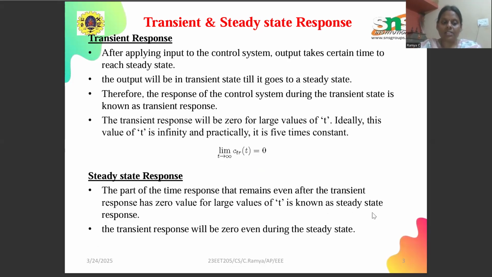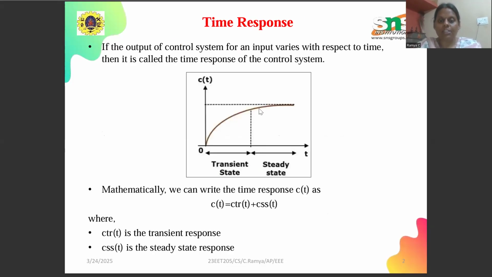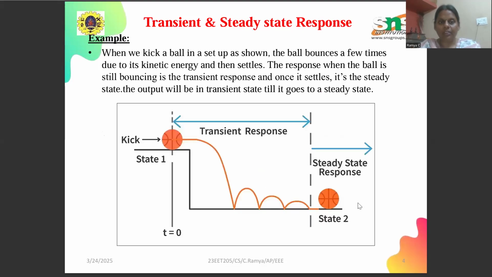The transient response will be 0 even during the steady state values. So once it enters the steady state, the complete transient response value will become 0. This can be easily understood by means of an example also.